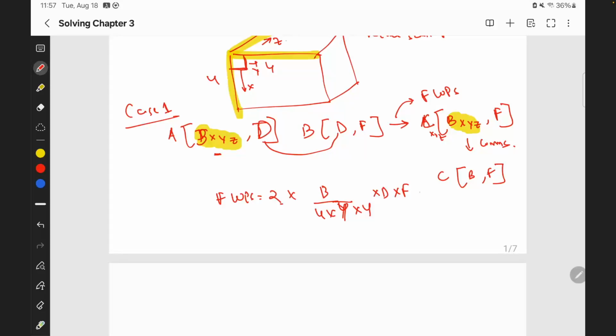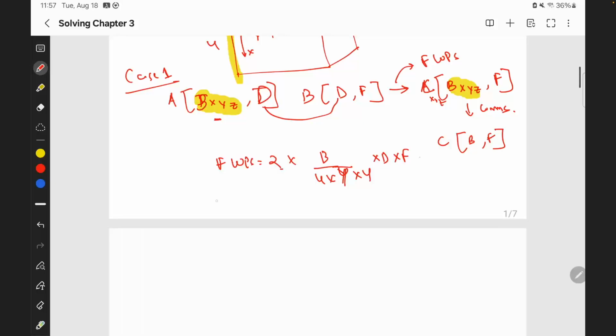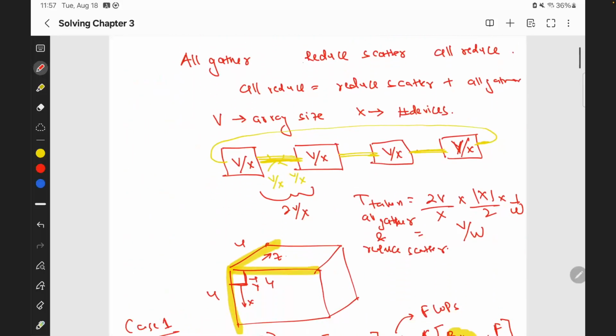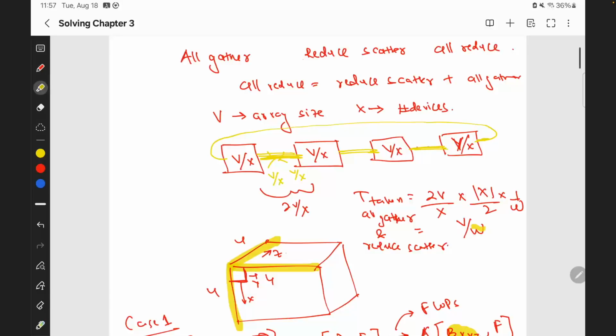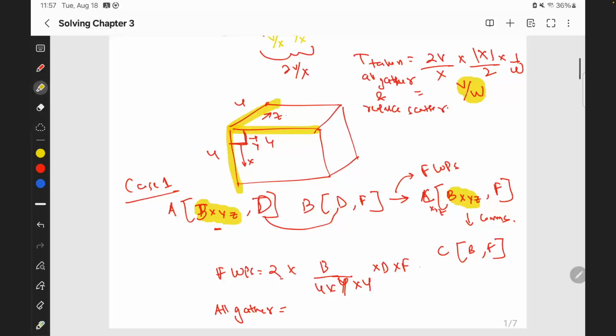And when you are doing all gather, as we discussed here, it is given by V by W, and V is the size of the array after doing matrix multiplication.